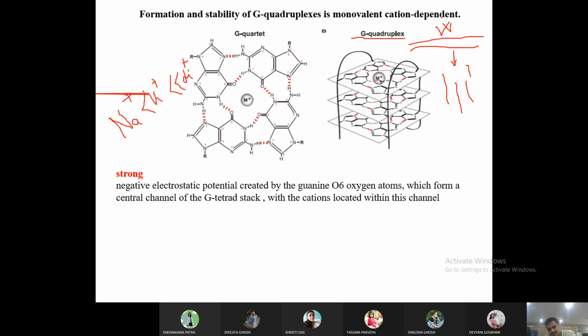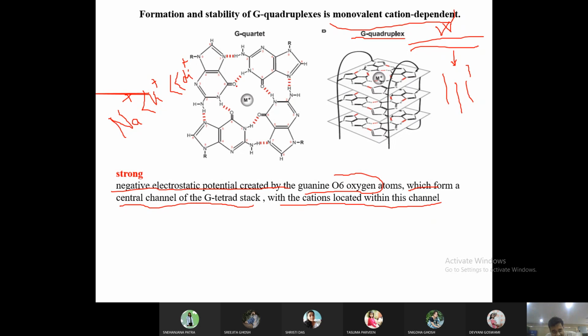So the structure of the quadruplex must be stabilized by ionic bonds, and these monovalent cations provide this ionic bond. So it is a strong bond. The negative electrostatic potential created by the guanine O6 oxygen atoms forms a central channel of the G tetrad stack, with the cation located within the channel.